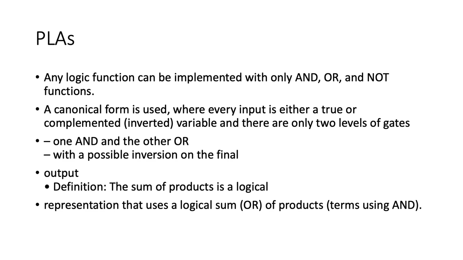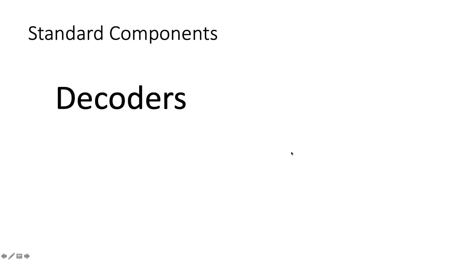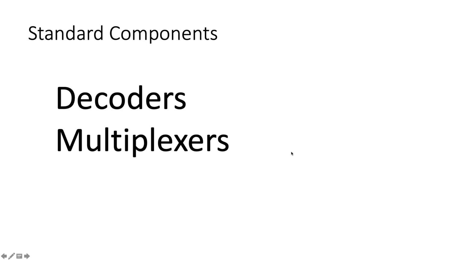In general, we can define any logic function with only AND, OR, NOT functions. You just have to stack them up and build them together to make it more complex. The standard components for PLAs are decoders, multiplexers that you already saw in chapters 2 and 3, and ROMs.